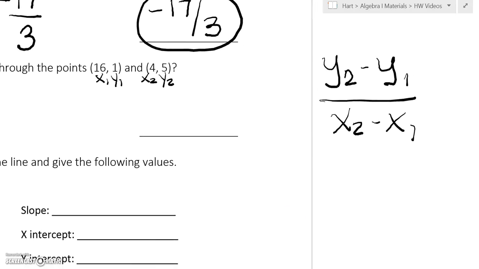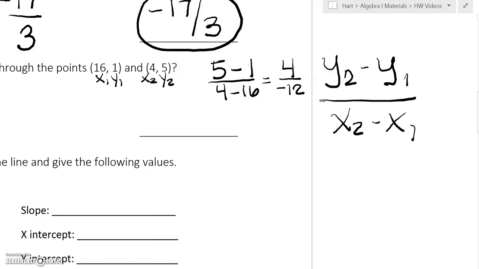So our y2 is 5, so we'd have 5 minus y1, which is 1, over x2, which is 4 minus x1, which is 16. So then 5 minus 1 is 4. And 4 minus 16, that's a negative 12.